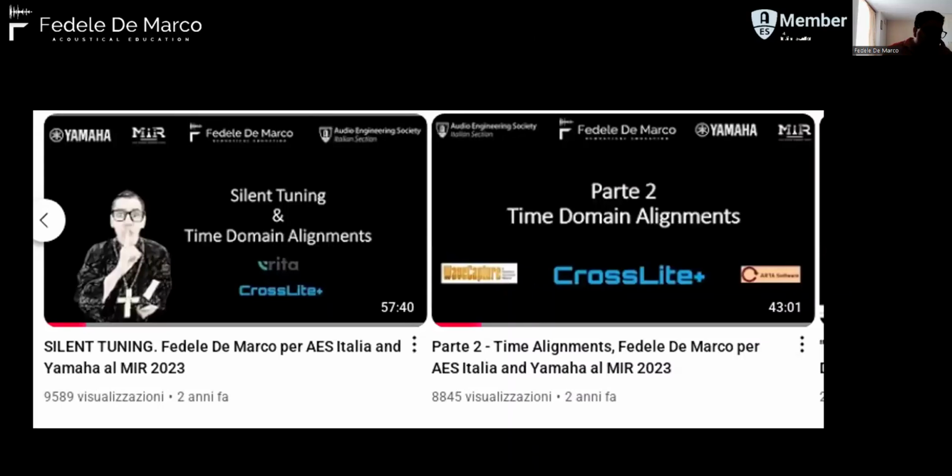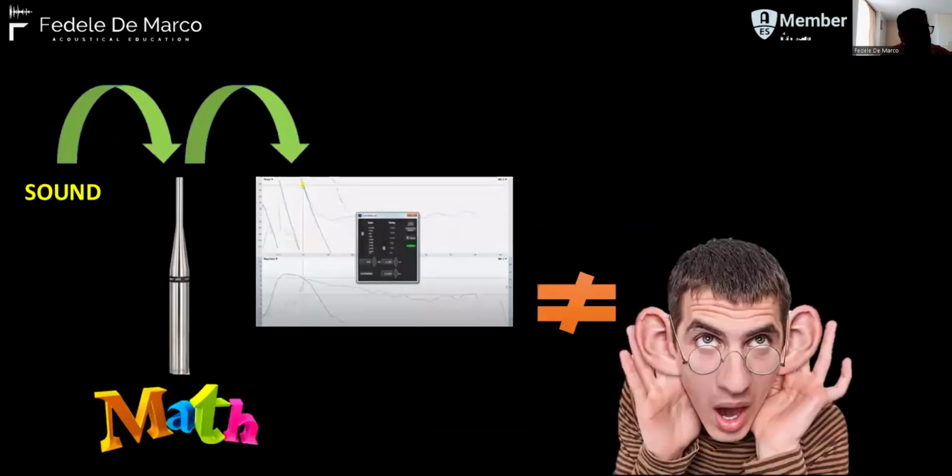But first, a few words about the concept of time domain alignment. For more information, I refer you to my full video on my YouTube channel. We must consider that what we observe on the screen in a magnitude and phase graph is the result of mathematics applied by the analyzer to the signal captured in a microphone position by an omnidirectional microphone.